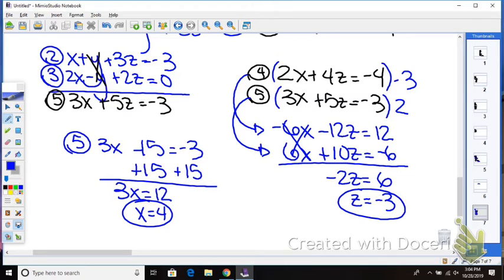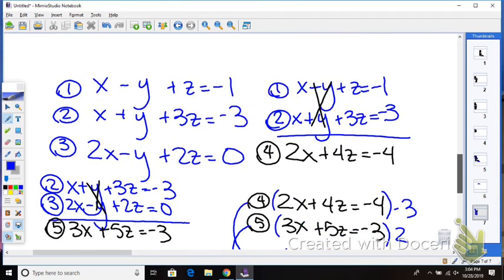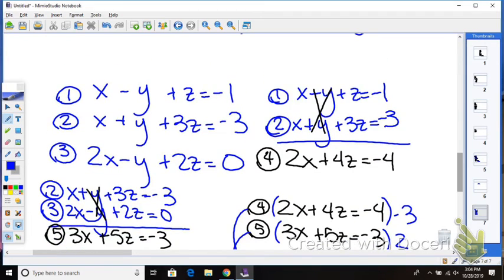I got x is 4. Is that what you guys got? Okay. Now go back to 1, 2, or 3 and plug in 4 and -3 for x and z, and solve for y.